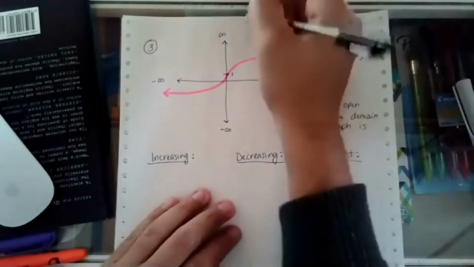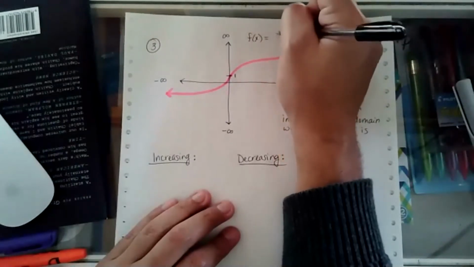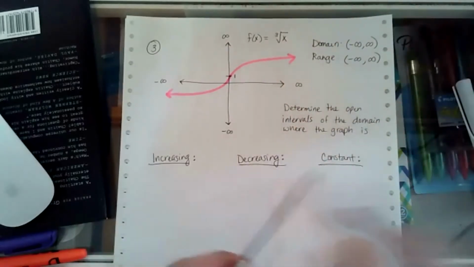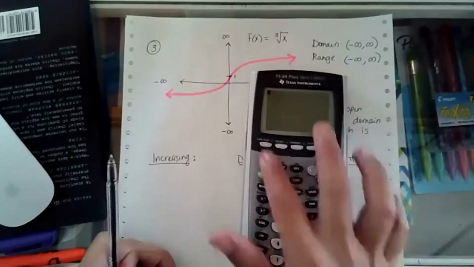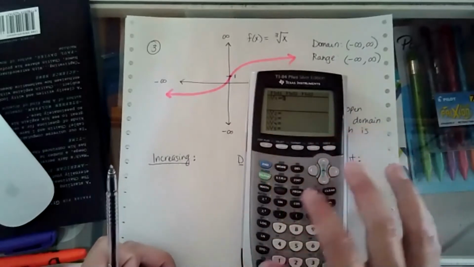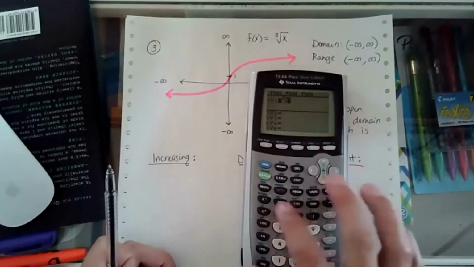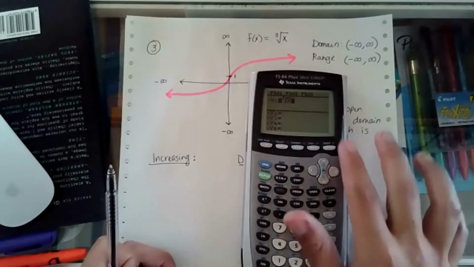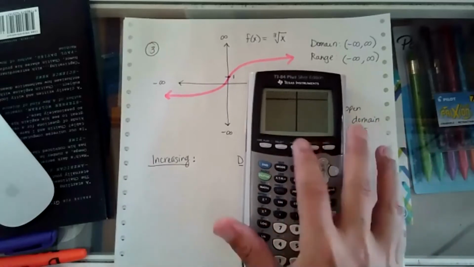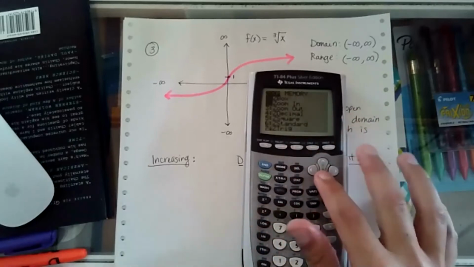It turns out that this is the function, the cube root of x, which if you were to graph this thing, you would get this shape. And I'm going to show you how to do this in the graphing calculator a little later on, but just as a really brief demonstration, if I graph this and then I zoom out to a normal zoom, let me zoom standard.